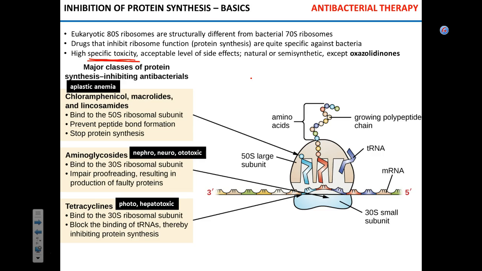Well, they harm the bacteria, not us. Why do they not harm us? What do we not have? There you go. They inhibit something that we don't have. So yes, we can have an allergy to penicillin. That's fine. But we don't have a cell wall. There's nothing to inhibit. They're not going to hurt human cells in the same way they hurt bacterial cells, right? So these guys have high selective toxicity as well, and so do the protein synthesis inhibitors.